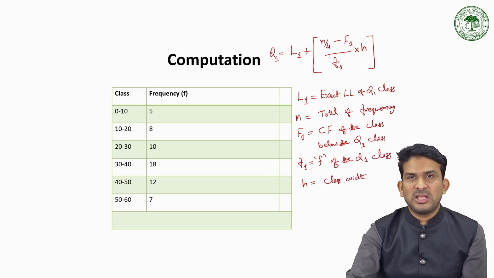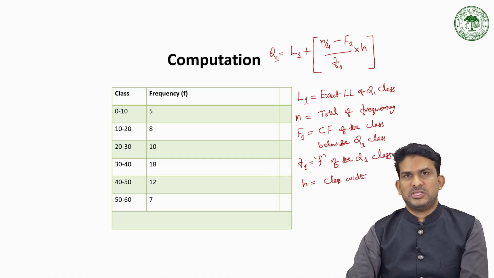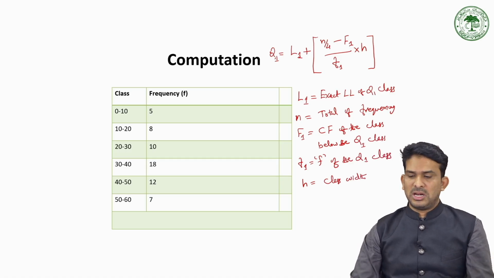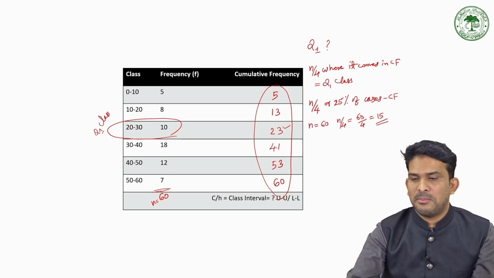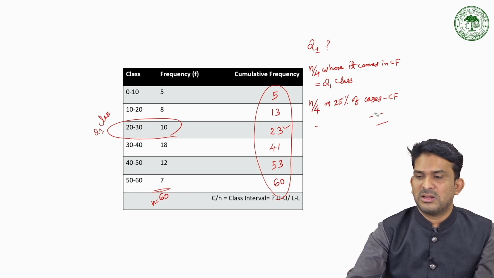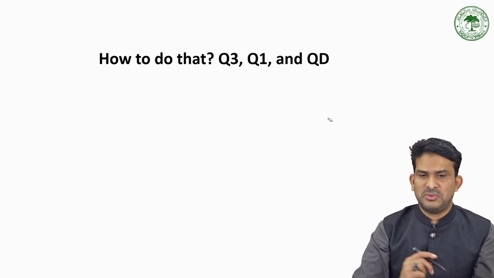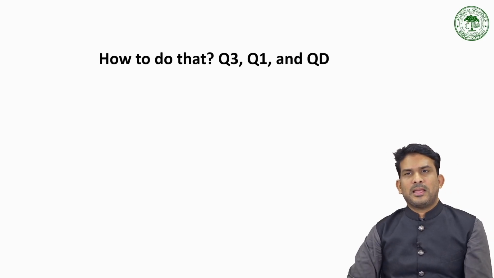Next is small f1, the corresponding frequency of the Q1 class, and h is class width or class interval. Is it clear? Let me rub all these and identify what are the values that we want.